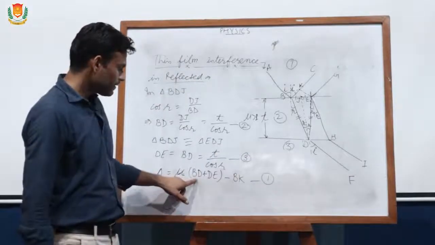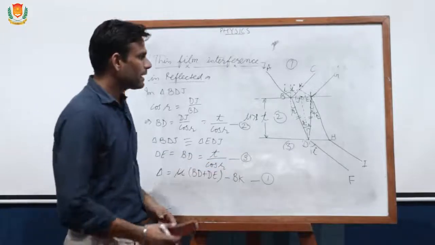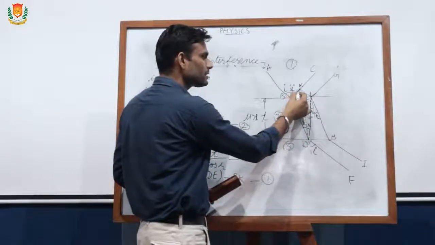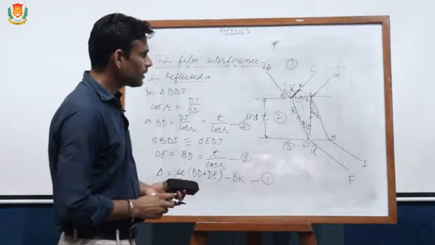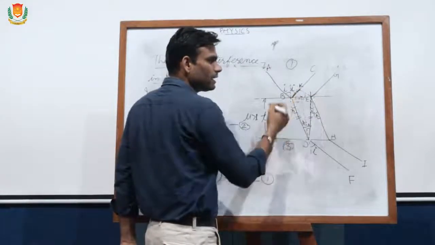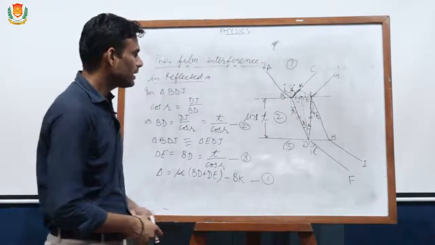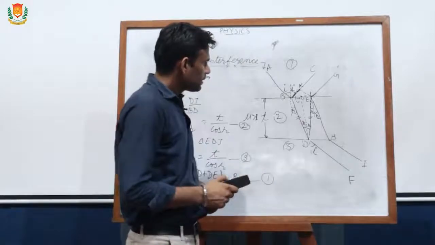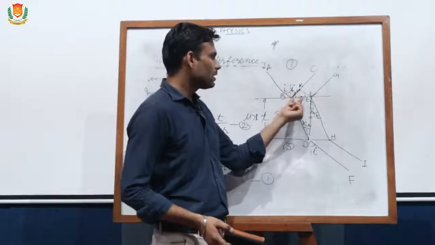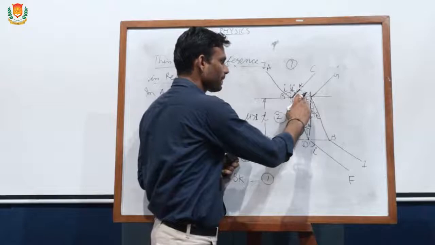So now we have the value of BD, we have the value of DE, but BK is still unknown. BK is this distance. To calculate this distance, we only know this angle, angle KBE, because this angle is I, so angle KBE will be 90 minus I, and nothing else. We don't know either BJ or JE or BE.